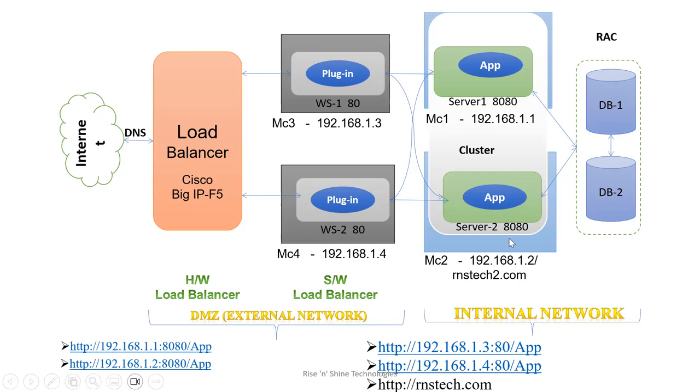So externally, no one can access this. Only through the proxy layer will it be allowed, and this proxy layer will allow that only through this load balancer. To protect it from hackers or unauthenticated users, we need to go for these networks, external network and internal networks.